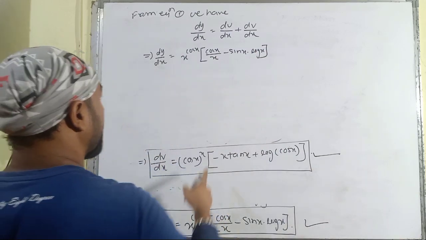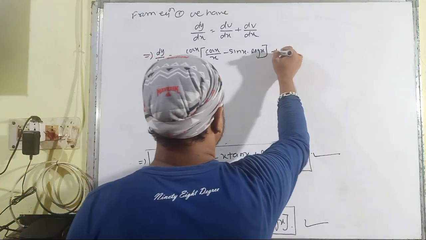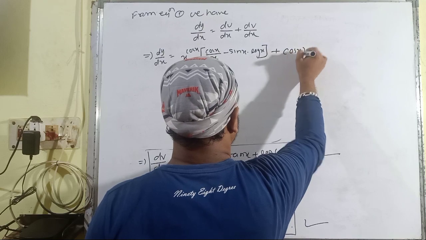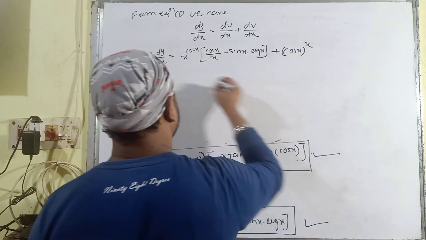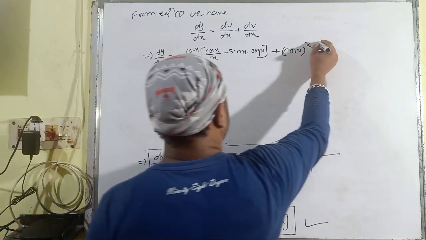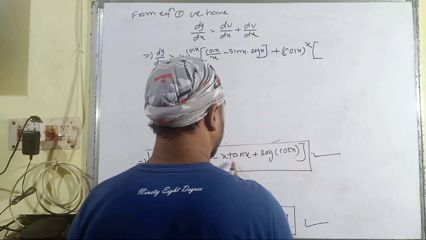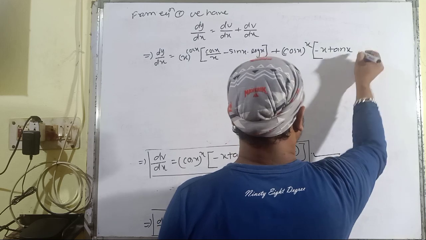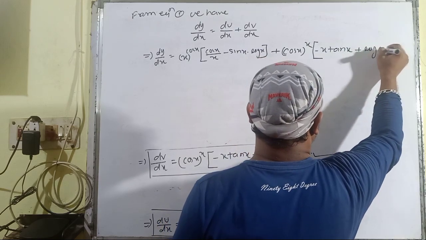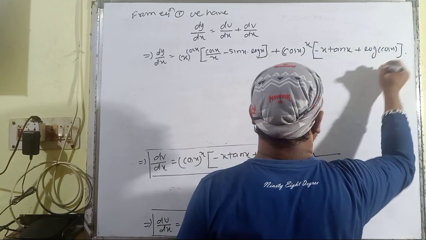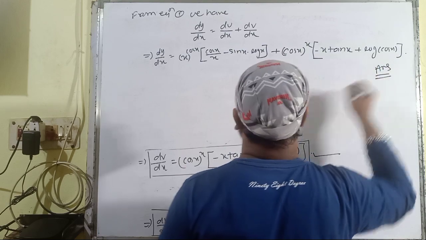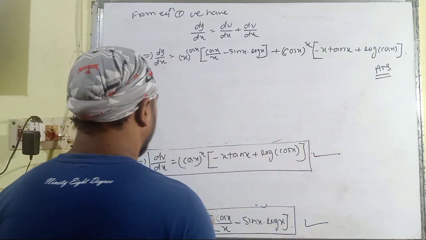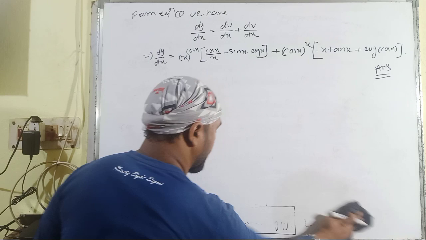The first one is here. Then second one plus cos x to the power x whole multiplied with, this is the value, minus x tan x plus log cos x. And this is the complete solution for the given problem number 10.